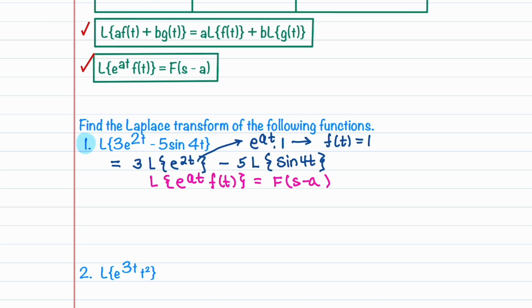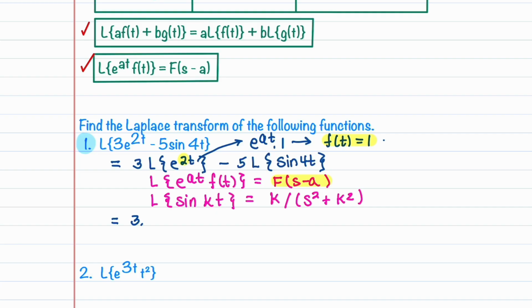Now let's write down the formula for sine. The Laplace transform of sine kt is equal to k all divided by the quantity s squared plus k squared. Now let's see what this equals. We have a 3, and the Laplace transform of e to the 2t is going to be F of s minus a, where a is equal to 2, and our f of t is equal to 1.